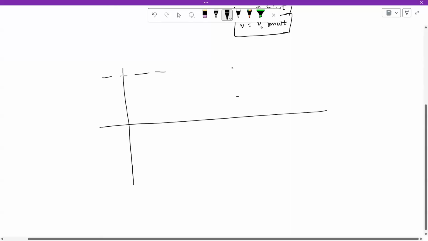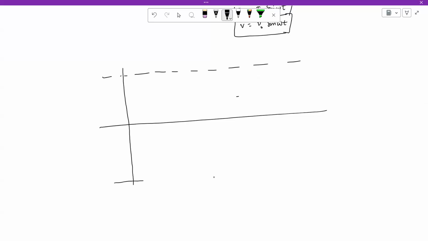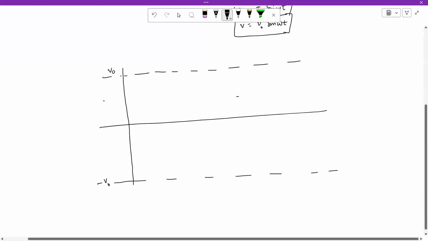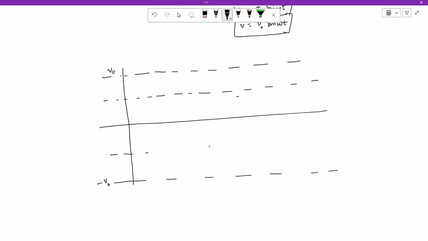This is V naught, this is minus V naught, and then this is I naught. So we have this is 90, this is 180, 270, and then this is 360.